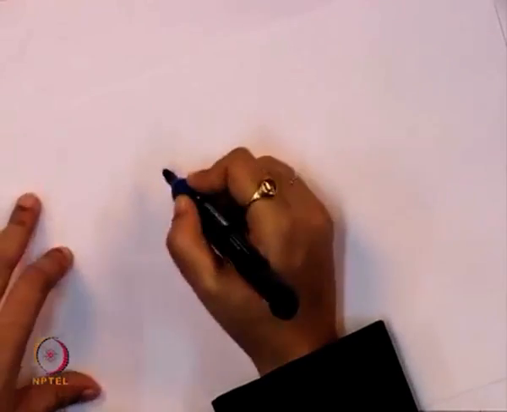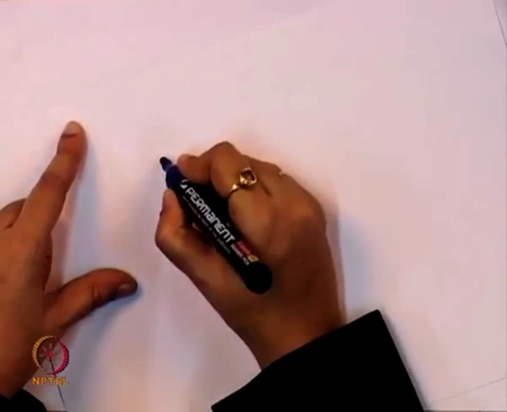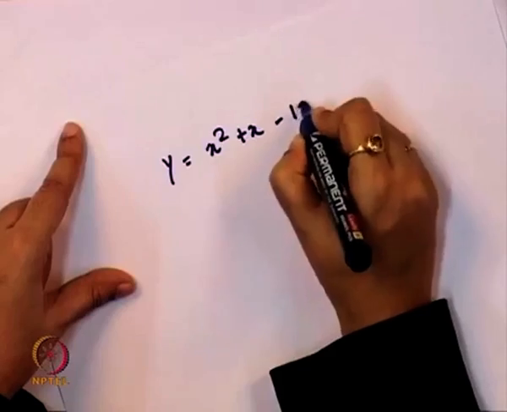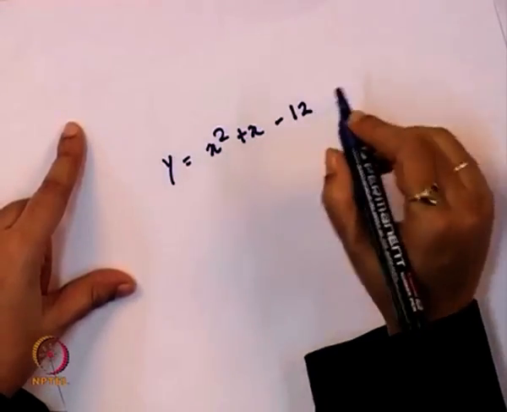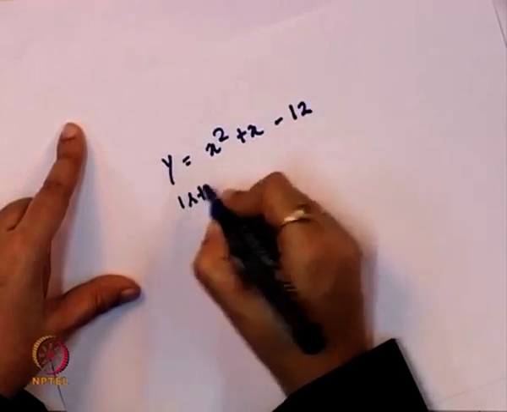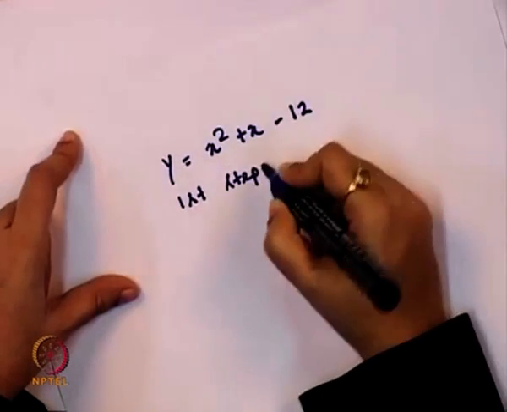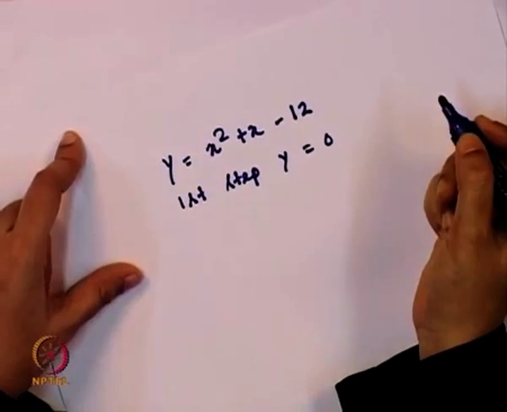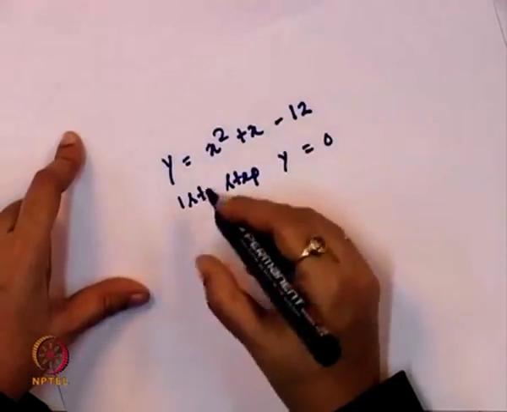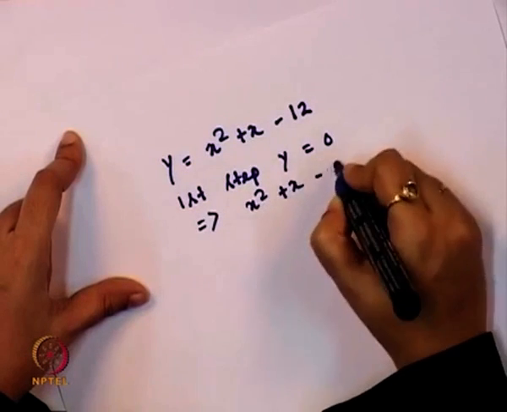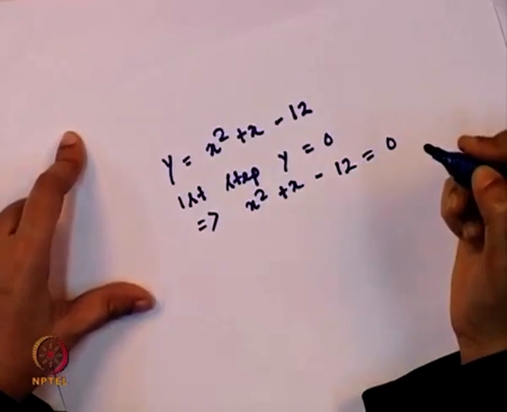So, we will take a function that is y is equal to x square plus x minus 12. Okay. So, in the factoring method, what is the first step? The first step is we have to set y is equal to 0. So, taking this, x square plus x minus 12 is equal to 0.